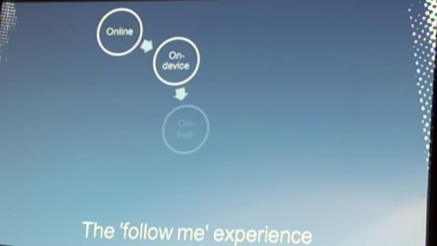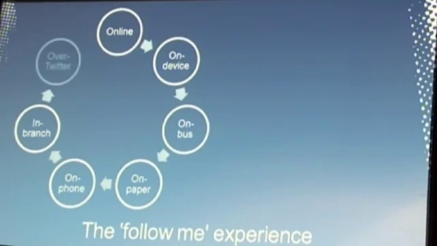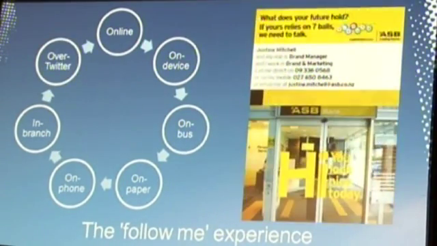And that's why we've started to talk about these follow me experiences. So think once again about a bank, there's a bunch of different ways and places that I interact with my bank. The ideal relationship I have with my bank is one that follows me across these different touch points, from the website to the phone app.